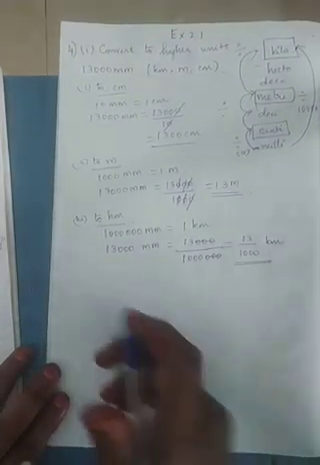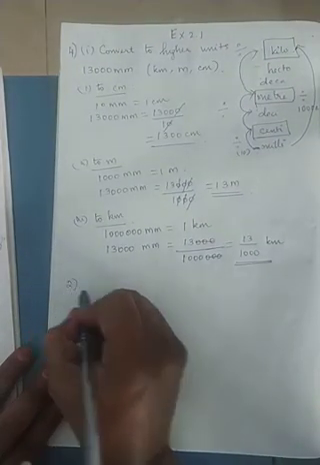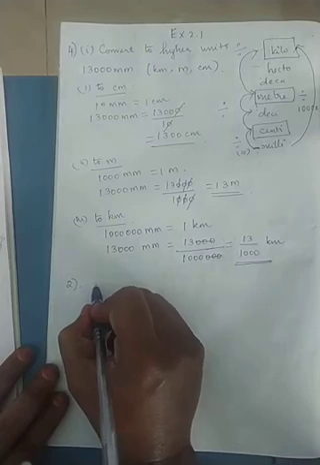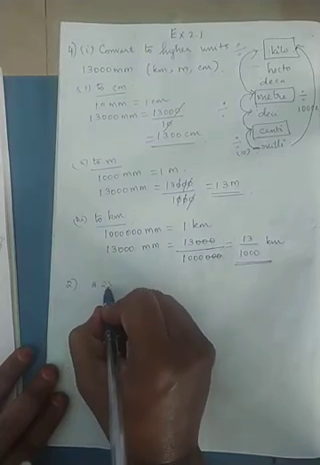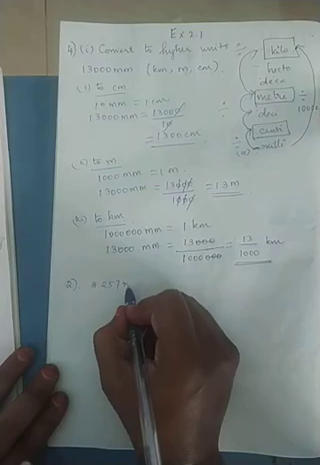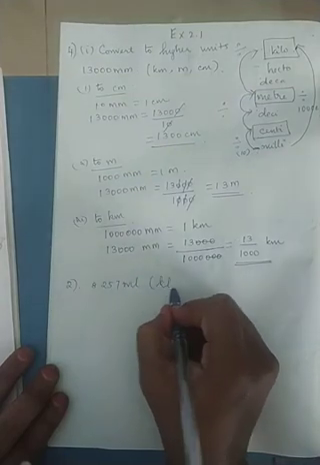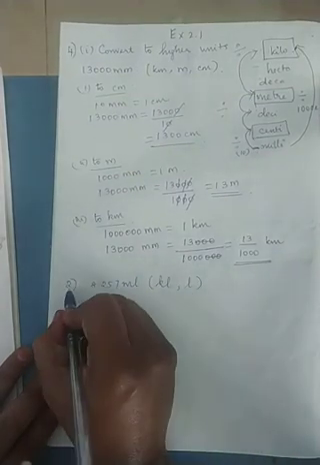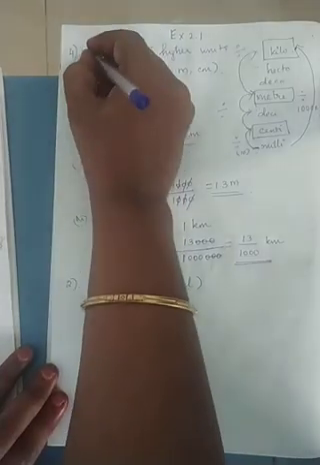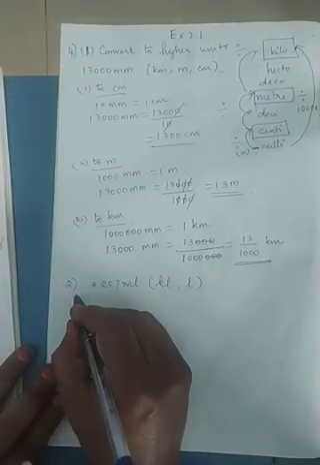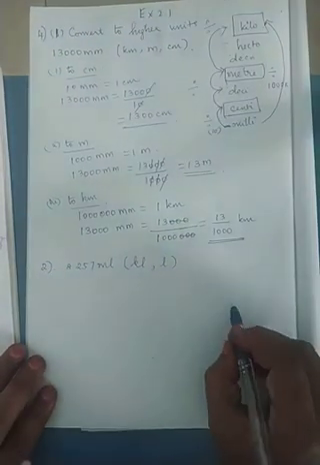Now coming to the second one, they are saying it is 8,257 milliliter. I have to convert to kiloliter and liter. This is the first sum, and this will be your second sum. So again write the formula.